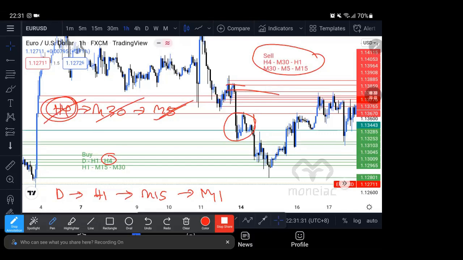So when the range is too big, we just monitor. If the M5 has already broken, we'll pass it. We look for M30. When M30 is also passed, we wait for it to break the H4.